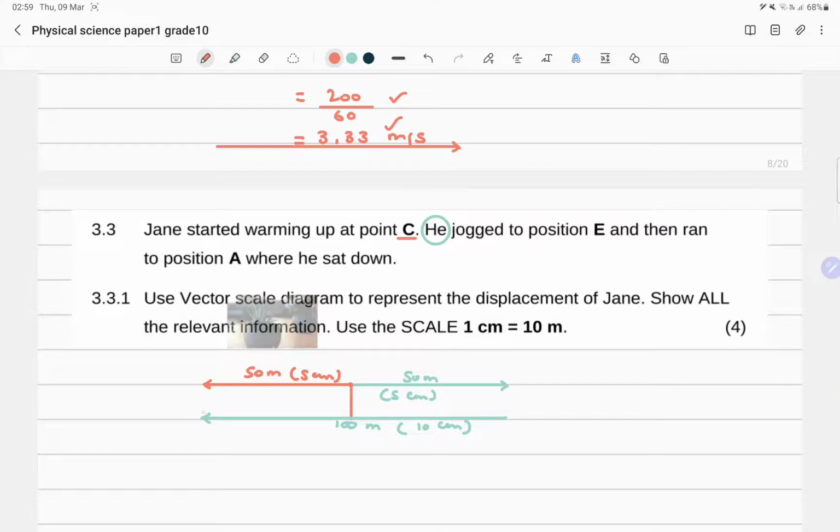The key thing is that these must be in the same position, and these ones must also be in the same position, and like that. So that is the vector diagram that is needed. I unfortunately do not have a ruler, but if you use a ruler you will definitely have the same thing. That was a very simple question, but perhaps the skill was that of showing the vectors. Okay, right.